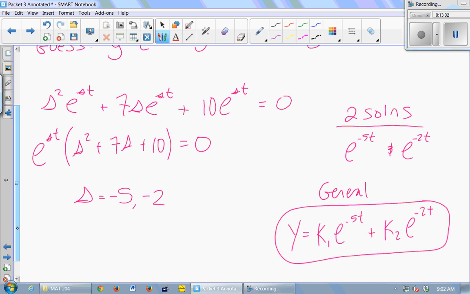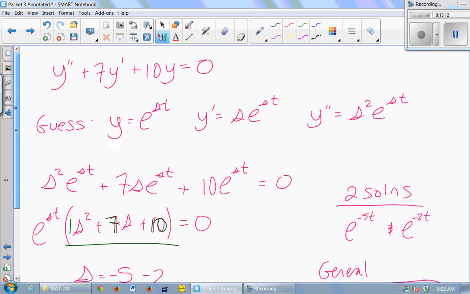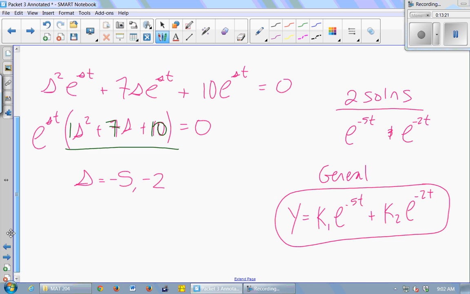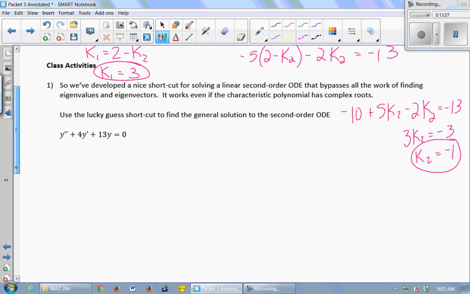The other thing that you might notice about this characteristic polynomial is that its coefficients are 1, 7, and 10, right? And if you look at the original ODE, 1, 7, and 10, you didn't even have to do the lucky guess, right? We could have just written down the characteristic polynomial and solved it. So that's what you're going to start doing in the class activities.